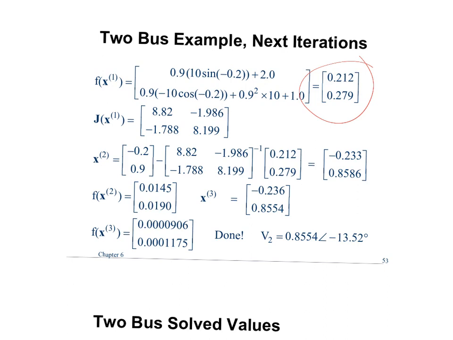So we'll substitute into our Jacobian, 8.82 minus 1.9, etc. Plug it in here, and then we now have updated values. It was minus 0.2 and 0.9. Those values have changed, but they're smaller changes, right? So your change is getting smaller, which is a good thing because you're getting closer and closer to 0.